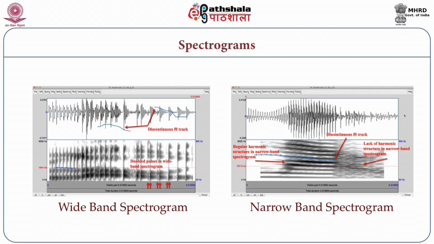The upper frame in both the pictures shows the oscillogram or the waveform, and that is not a spectrogram. For that sound, the lower frame shows the spectrogram. So the wideband spectrogram on your left is produced by choosing a 300 to 350 hertz filter. You get these wide bands, and these are the formants F1, F2 and F3.